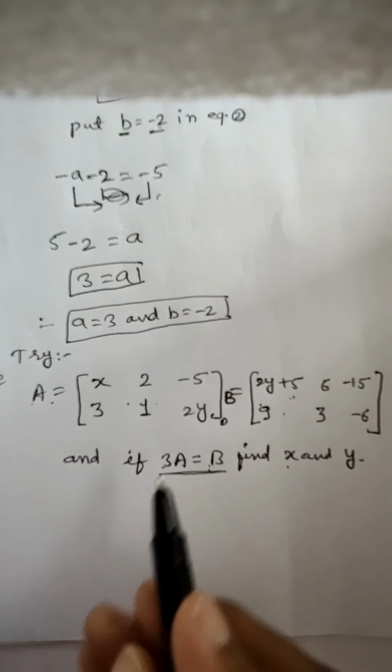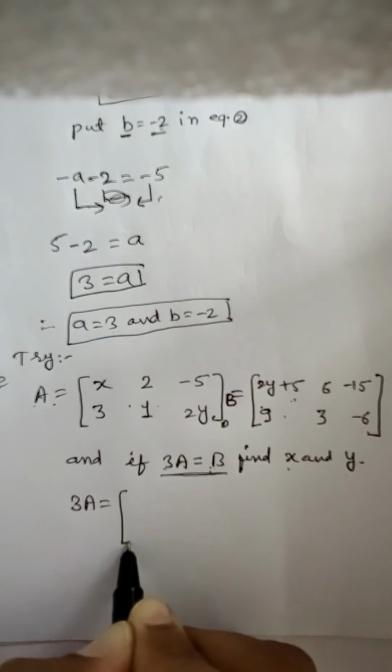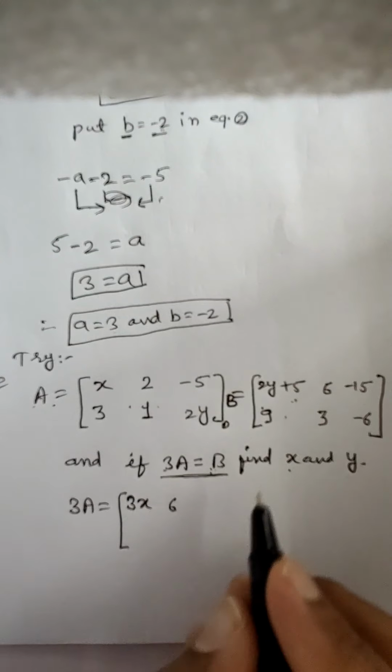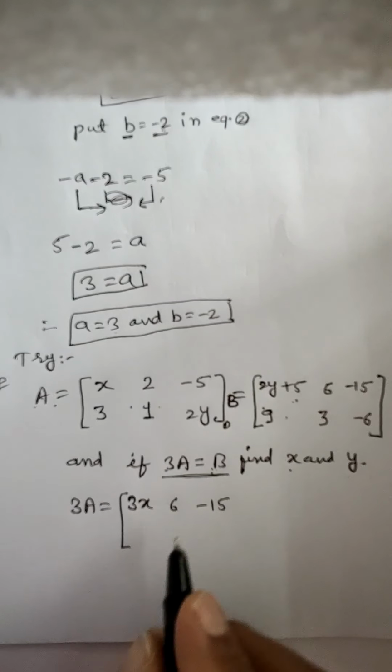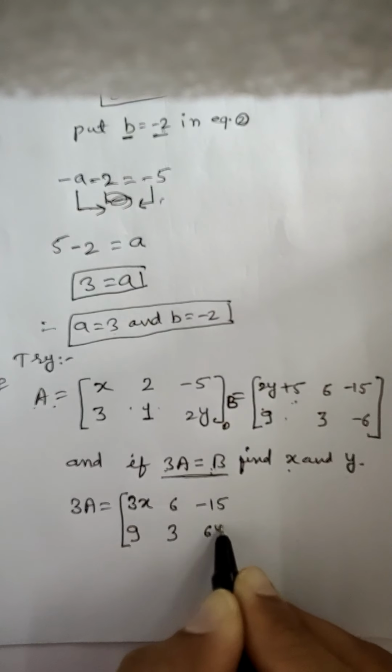Okay, so for simplicity I am just going to write the 3A matrix here. 3A matrix I will get 3x, 6, minus 15, 9, 3, 6y.